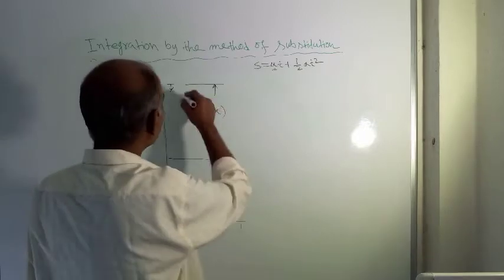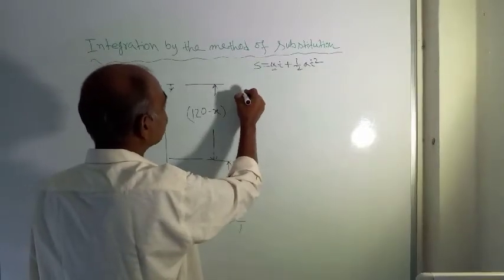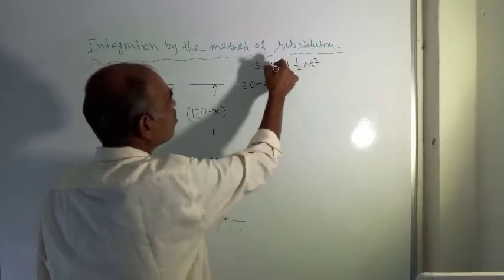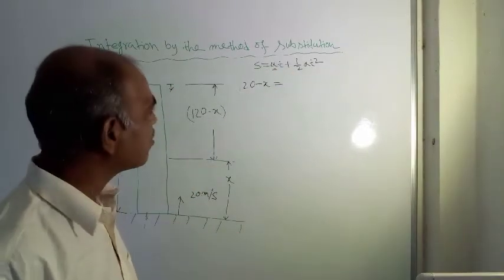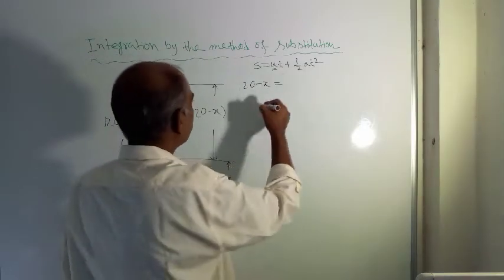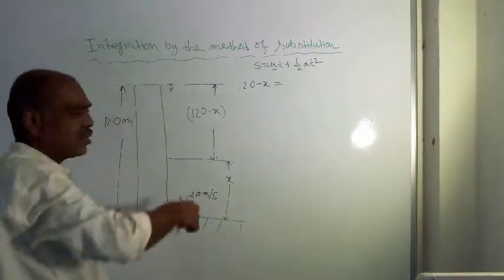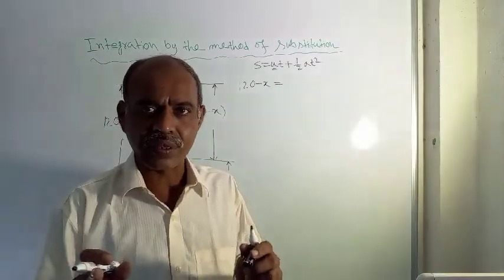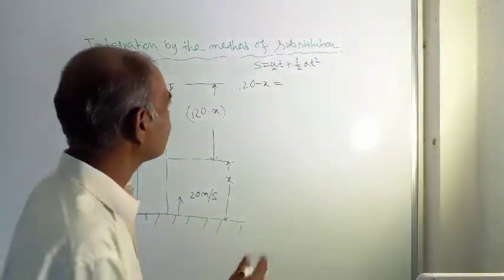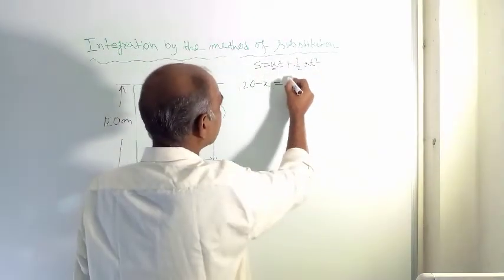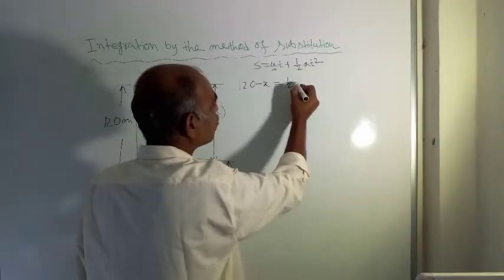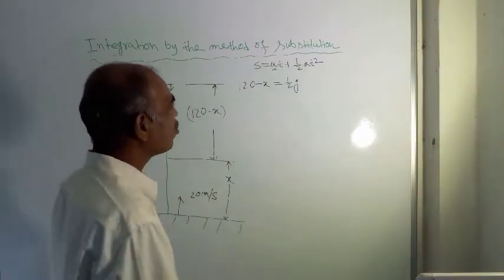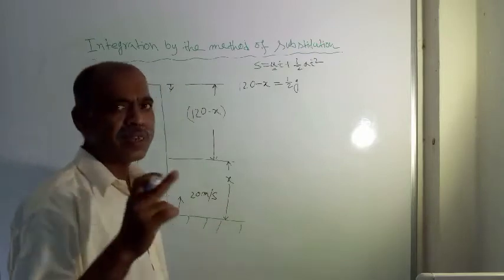So for this stone, the required equation will be 120 minus x is equal to 0, because initial velocity is 0, plus, since it is going in the downward direction, acceleration due to gravity is positive, so half g t square, where g is acceleration due to gravity and t is the time required.